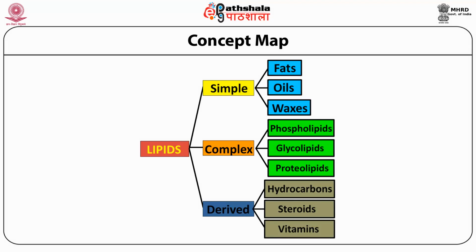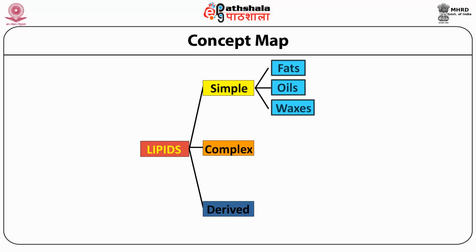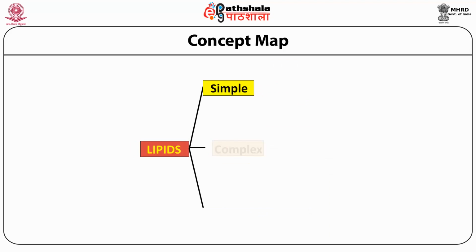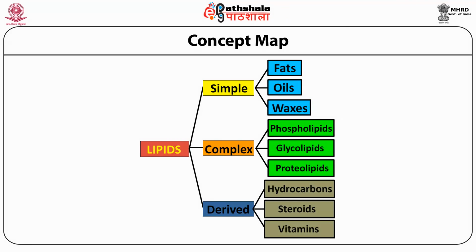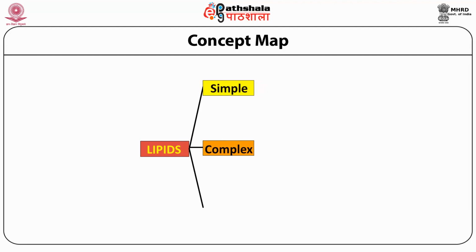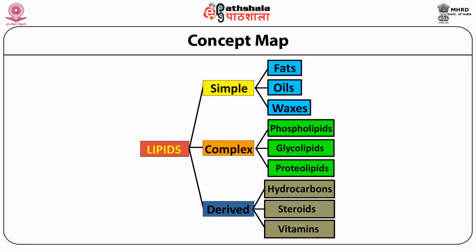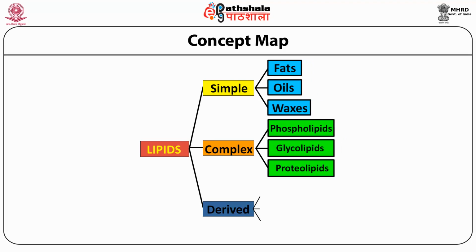The simple lipids, including the fats, the oils, and the waxes, have already been explained in the previous modules. The complex lipids, which include the phospholipids, glycolipids, and proteolipids, are discussed herein.